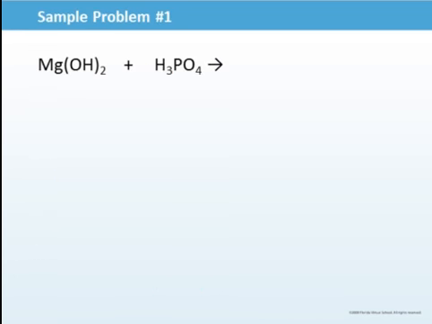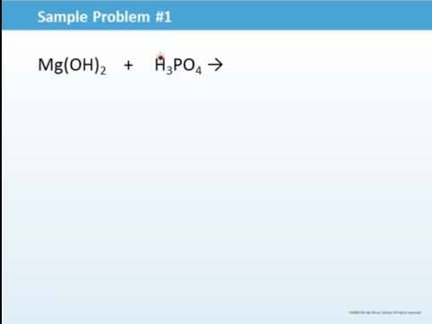Okay, sample problem number 1. We see magnesium hydroxide, and this, we could call it hydrogen phosphate or phosphoric acid. Now we have the hydroxide, the hydrogen. The important part for now is to realize we have a metal and a polyatomic ion. Uh-oh, we don't have a metal here. But that's okay. It still can be considered an ionic bond because the hydrogen forms a plus charge, phosphate forms a minus charge.